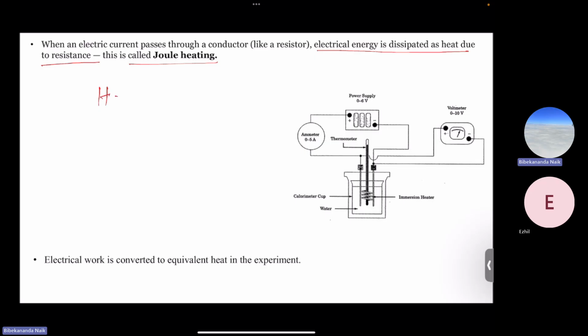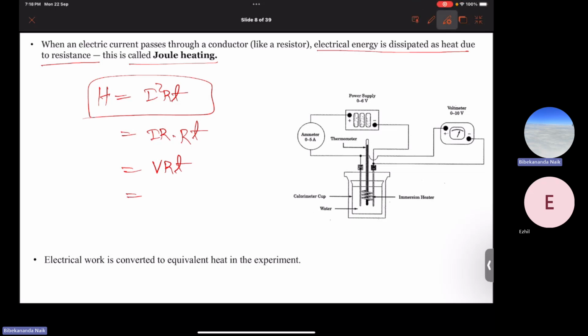According to joule heating, the amount of heat produced will be I square RT, or we can say IR into IT. Since V equals IR, it is VIT, or we can write VI is power, so P into T.